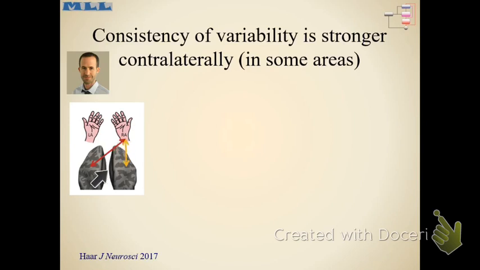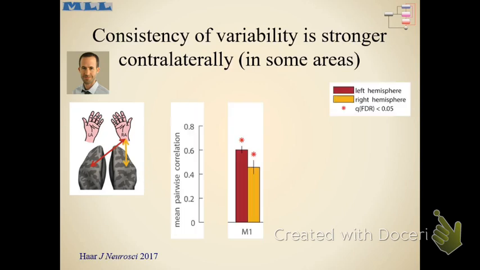Right? How consistent is the left brain, and how consistent is the right brain? Right? And if you look in M1, you find out that the variability in M1 is similar. Right? So a subject who's variable moving to one target is variable also moving to another target. Both for the left hemisphere and for the right hemisphere, but slightly more consistent for the left hemisphere.